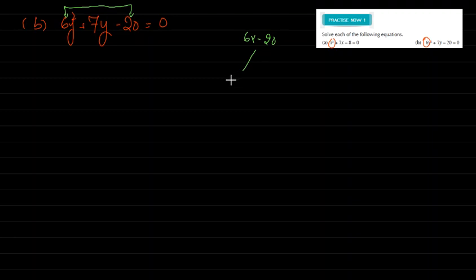Return the value of minus 120. Now you have to find out which two numbers if multiplied return this value of minus 120, and if those two numbers added or subtracted also return the value of this number, which is 7. So this you have to check.